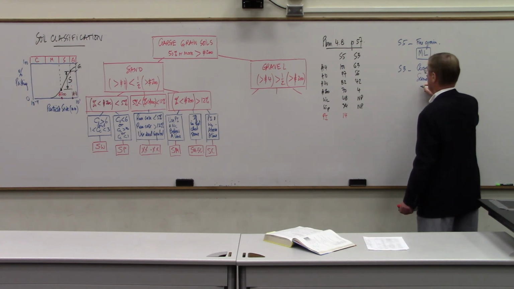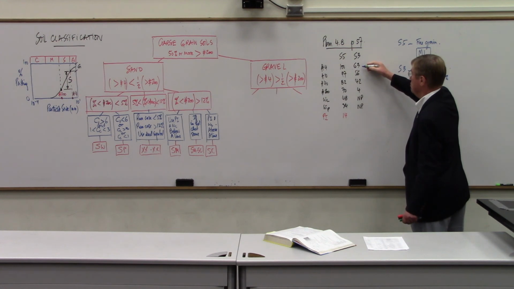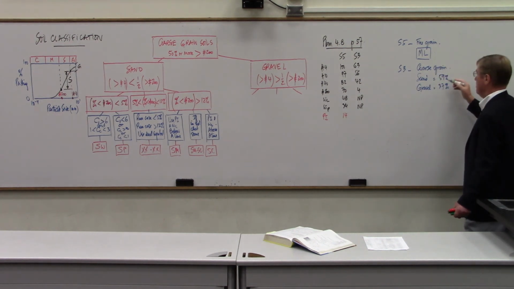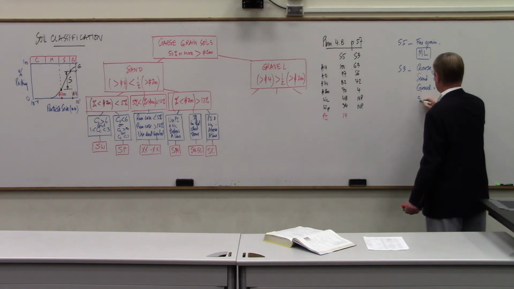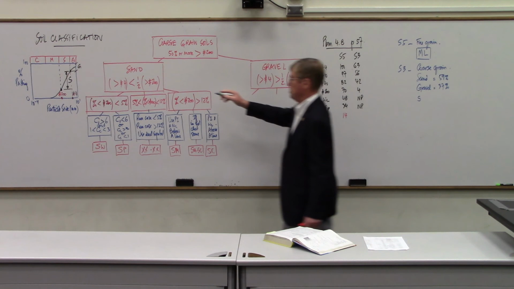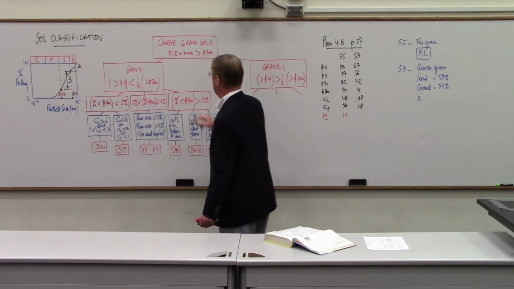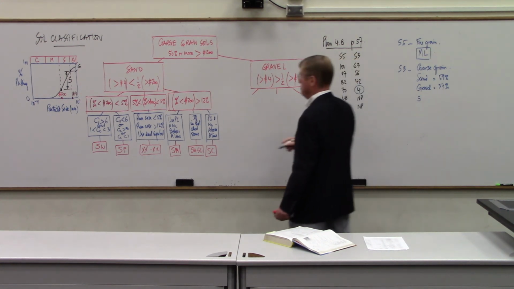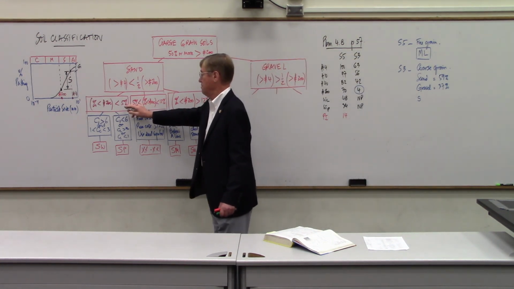And so therefore the gravel is going to be what's larger than 63, or 37. So you have more sand than gravel, therefore the first letter will be S. So you know you're in here. Then you're going to check these 3 boxes here. And you see that 200 is at 4.